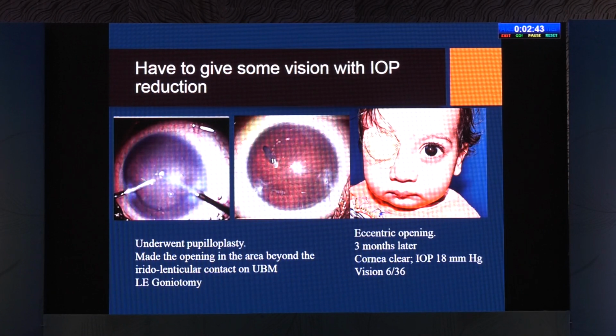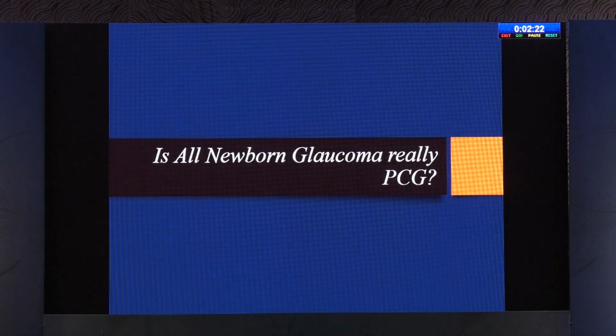If you're going to go right in the center, you're going to touch the lens, have a cataract, and then you take out a lens in a growing eye, you're in deep trouble. So all we did was an eccentric pupilloplasty and active patching and have the vision up to 6/36 by now. The cornea is clear after the goniotomy. The IOP is 18, so we'll just handhold and carry on there.